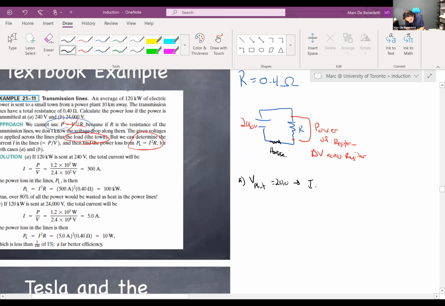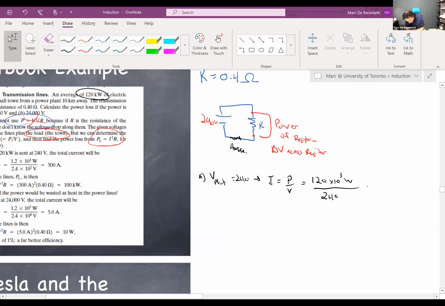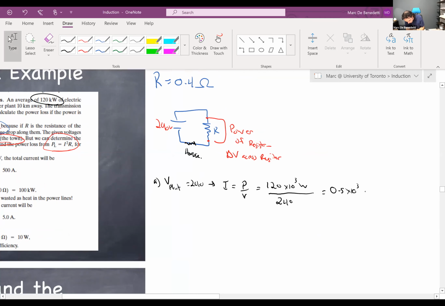The current will be P divided by V. The average electrical power of the power plant is 120 kilowatts, and it's being delivered at 240 volts. So this is going to be half times 10 to the 3, 0.5 times 10 to the 3, which is going to be 500 amps.